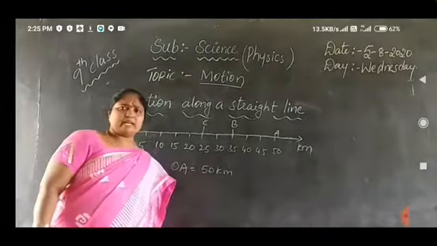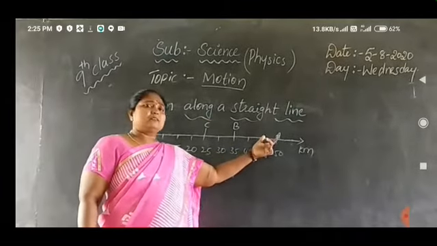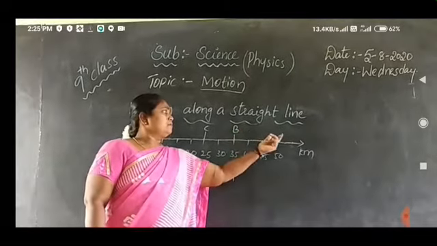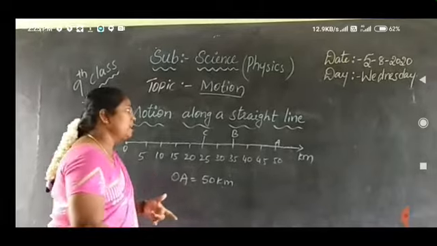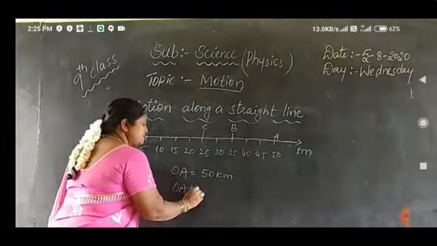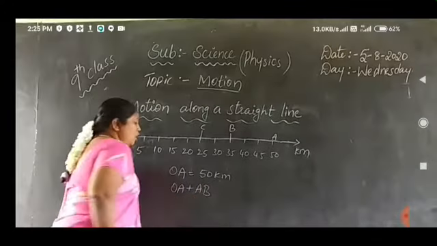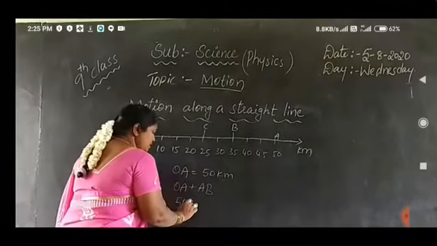A person is moving along this, and once again he has come back and met B. Now what will happen here? What is the distance he has traveled? Totally OA plus AB. How much is the distance OA? It is nothing but 50 kilometers.